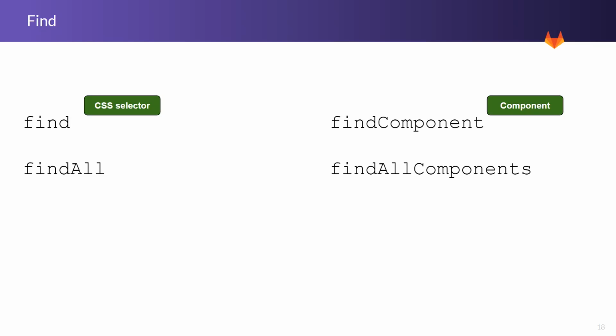Well, this seems pretty logical, but here come additional troubles. The first trouble is that if you're making a search by ref, you are always required to use findComponent and findAllComponents. find and findAll accept nothing but a CSS selector.